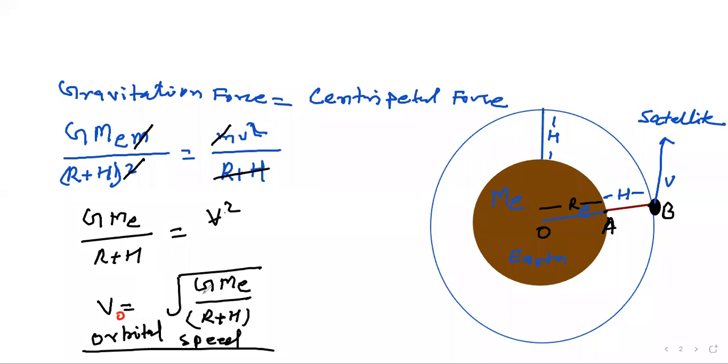Orbital speed is VO, that is equal to root under G ME upon R plus H.